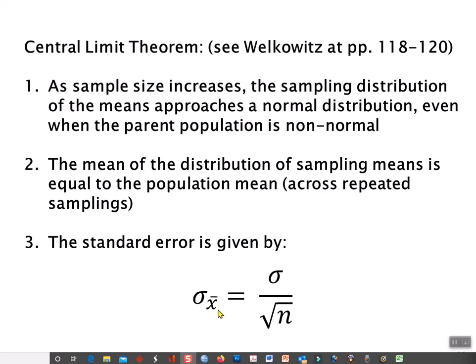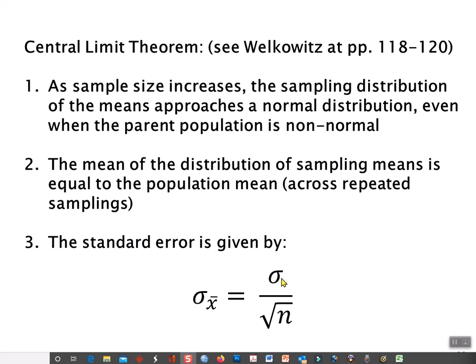The reason why this is so critically important is because the larger the sample size, the smaller this gets. If you sampled with sample size of 1, the population standard deviation divided by 1 equals the same thing.